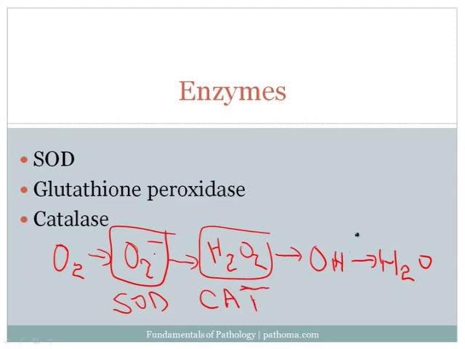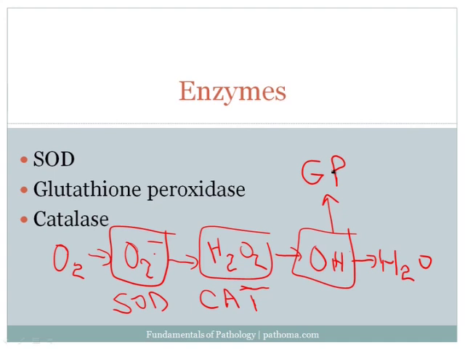And then hydroxyl free radical, one of the major mechanisms by which it is removed is glutathione peroxidase. Glutathione peroxidase is an enzyme that takes the assistance of glutathione, which is an antioxidant, and glutathione will be very important later in our discussions of anemia, and you'll hear about that when we talk about anemia. So I won't get into too much detail here.